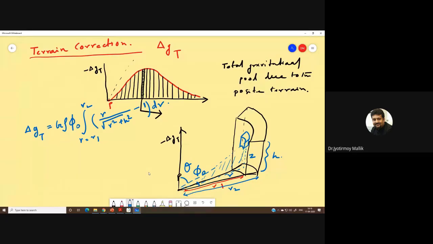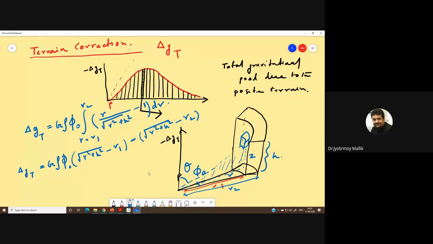Okay, by using this concept, and if you simplify that one, you will find that delta GT is equal to G rho phi 0 over r square plus h square minus r1 minus square plus h square minus r.